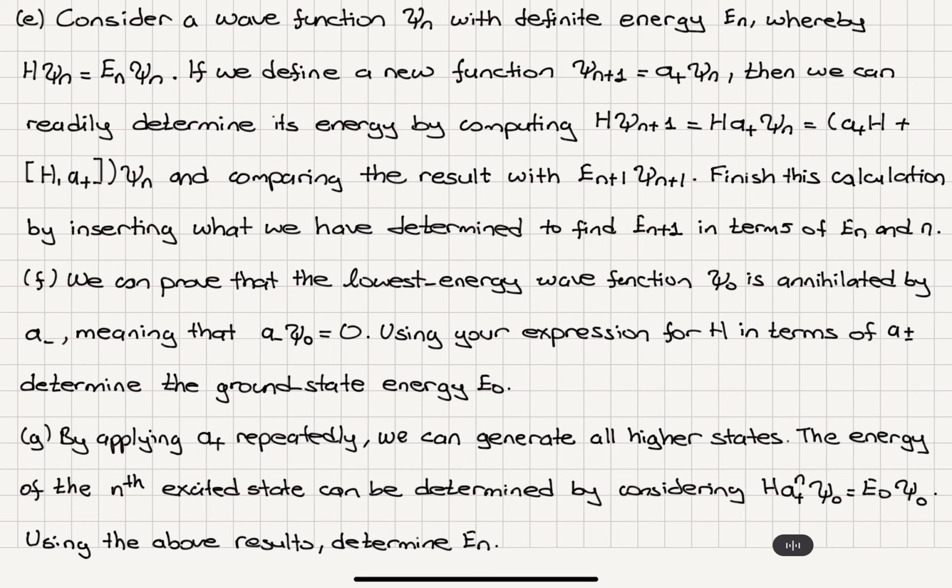Now let's move on to part G. By applying A plus repeatedly, we can generate all higher states. The energy of the nth excited state can be determined by considering the Hamiltonian operator applied to A plus applied n times to psi0, equal to E0 times psi0. Using the above results, determine E sub n.